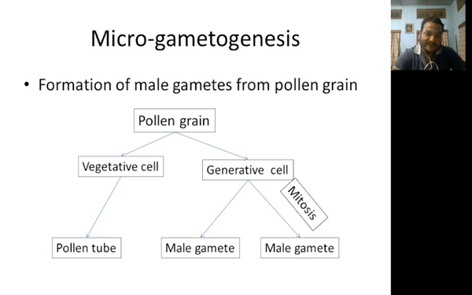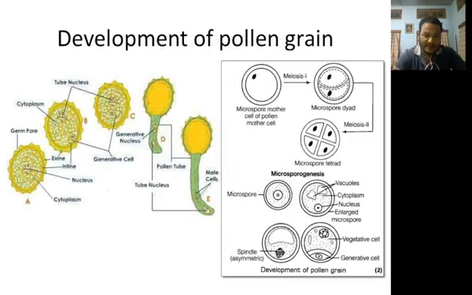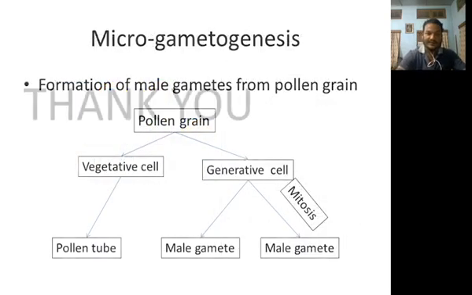The vegetative cell generally forms the pollen tube. In the previous picture it's very clear. After pollination the vegetative cell germinates through the germ pore, and the generative cell moves forward into the pollen tube, and later on it divides mitotically into two male gametes. So thank you for listening.